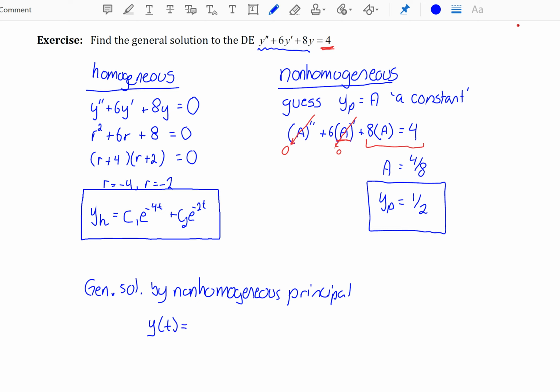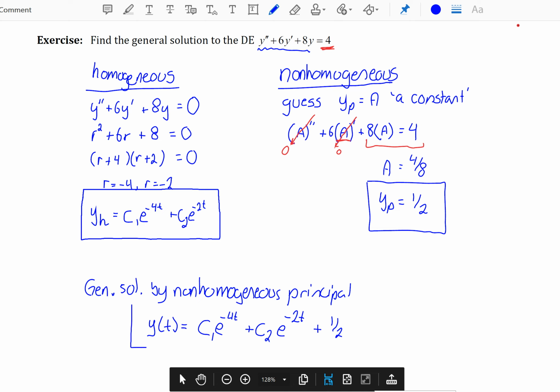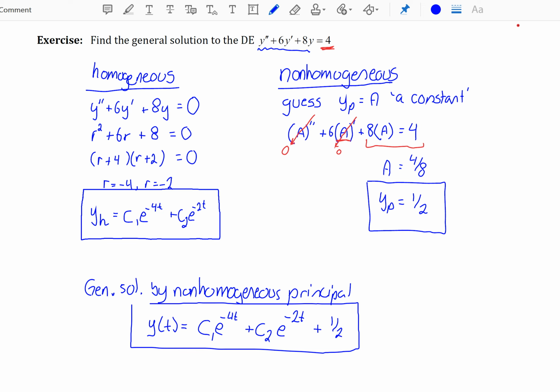Remember, the non-homogeneous principle says that your general solution is going to be the sum of your homogeneous solution plus your particular solution. So c1 e to the negative 4t plus c2 e to the negative 2t plus 1/2. This will be the general solution to our differential equation.